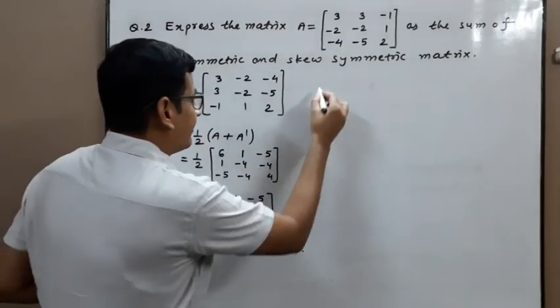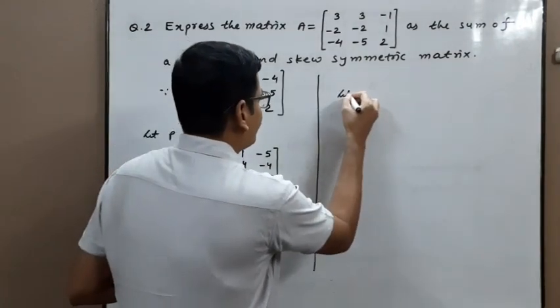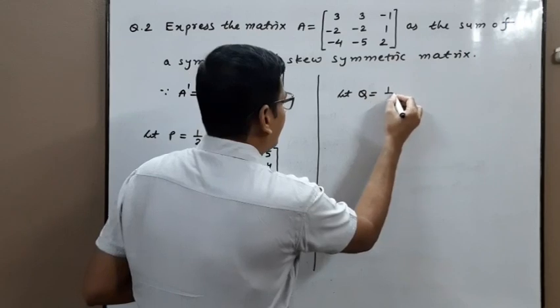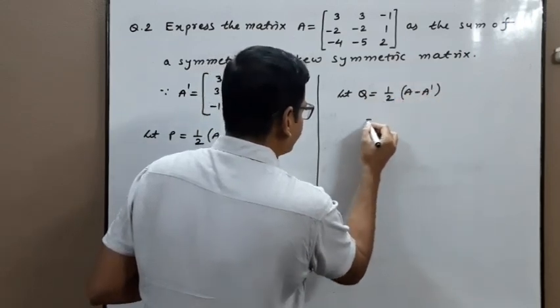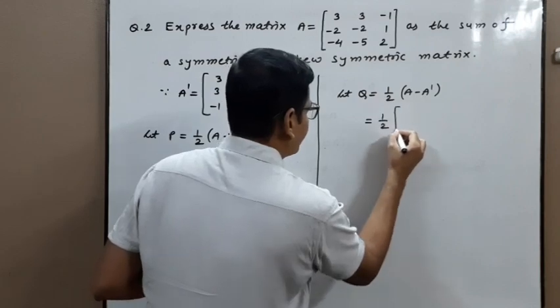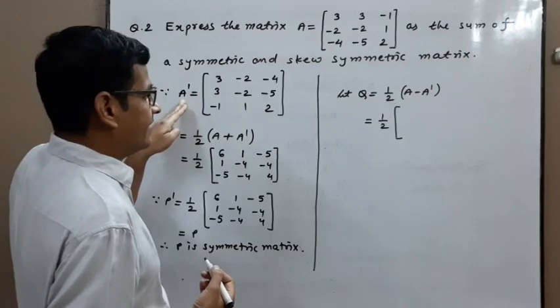Now consider another matrix Q. Let Q equal half of A minus A'. This is matrix A and this is A'.